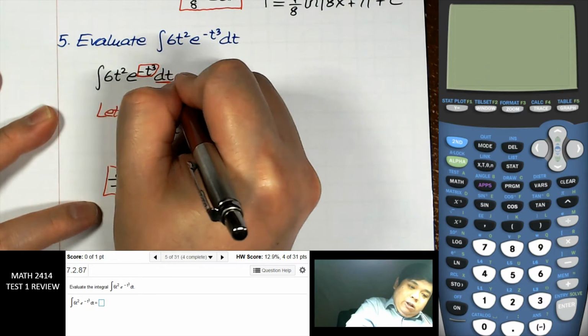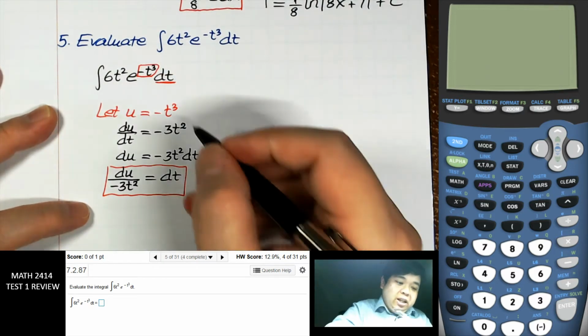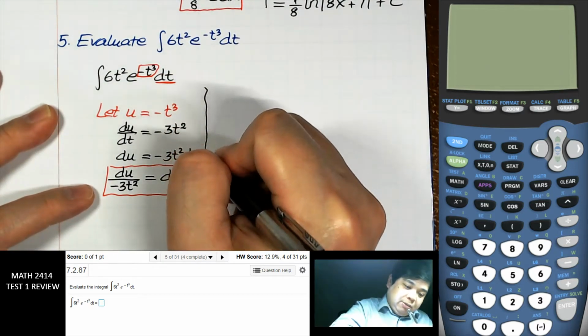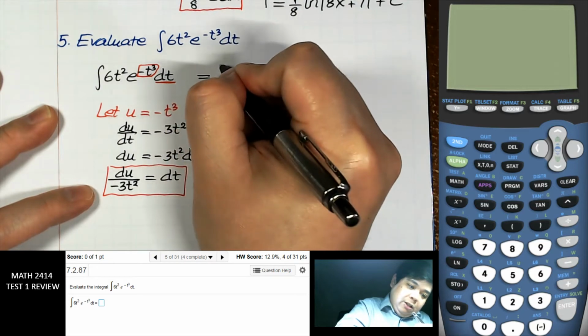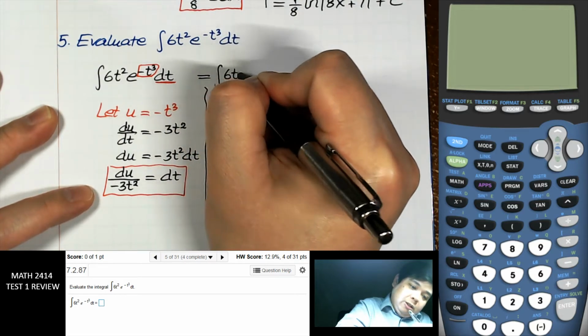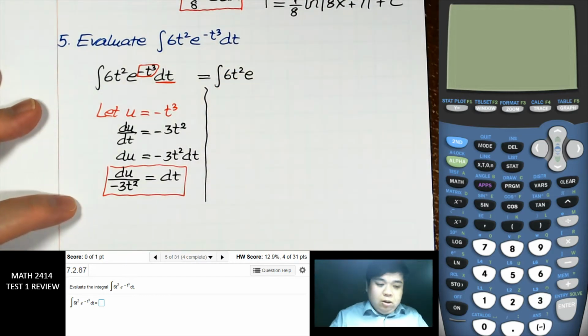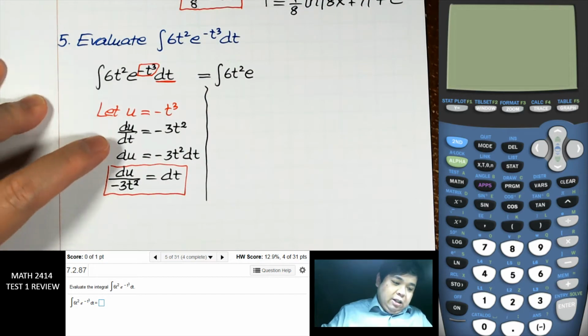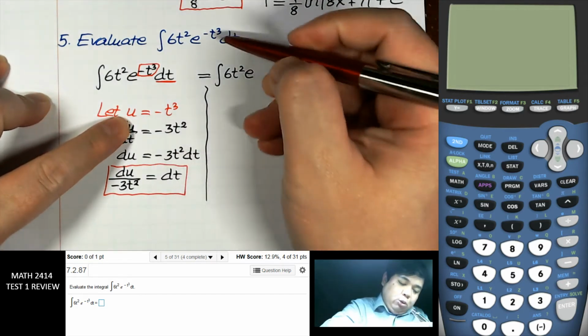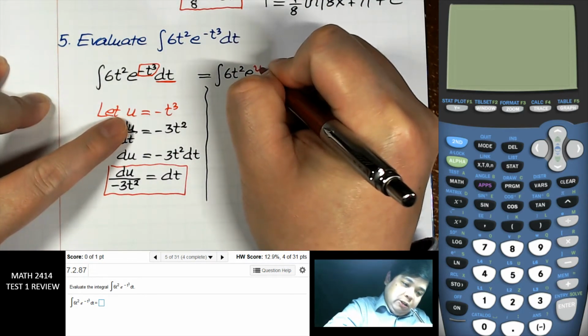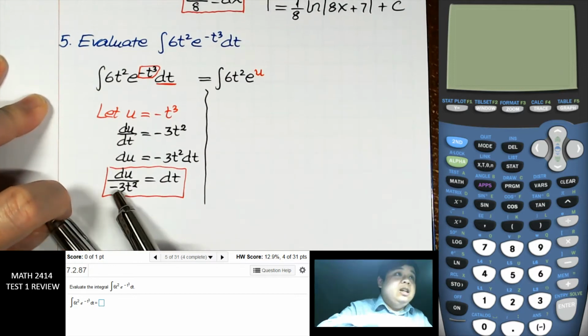So we have u and we have dt, which is good. And then we have a negative t cube, so that is u. dt is this.